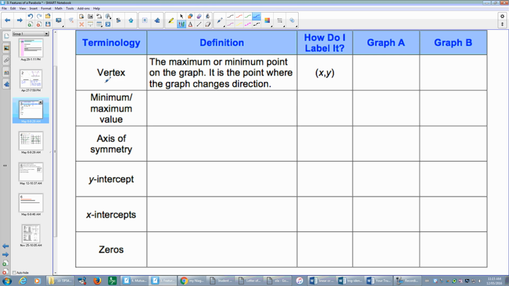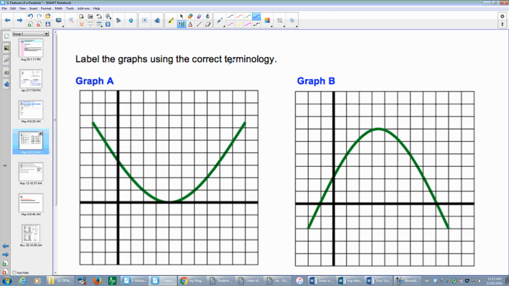So, how do we label this? Your answers, whenever I ask you for the vertex, will always be x, y. So on my graph here, Paul, I'm going to get you to walk up to the front for graph A. I want you to put your finger on the maximum or minimum point on the graph.